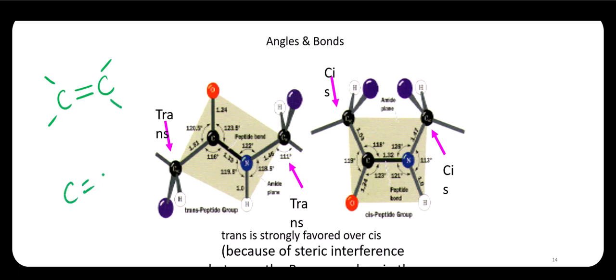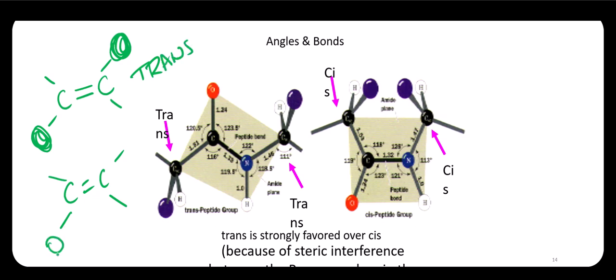You're going to have two functional groups attached to a molecule around a double bond. If those functional groups are across from each other, we call that the trans configuration. If they're on the same side, we call that cis. And then you would name the rest of the molecule.